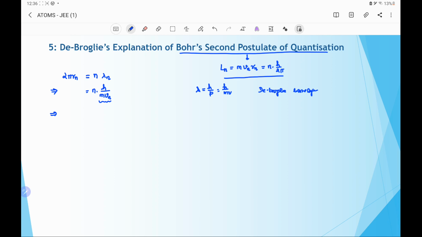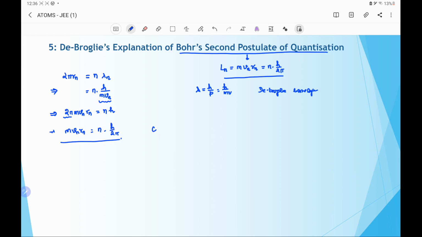We bring this mvn on the left side, so it will come 2 pi m vn rn equal to n into h, and bring this 2 pi on the right hand side, we will have m vn rn equal to n into h by 2 pi. That is, the angular momentum is integral multiple of h by 2 pi.